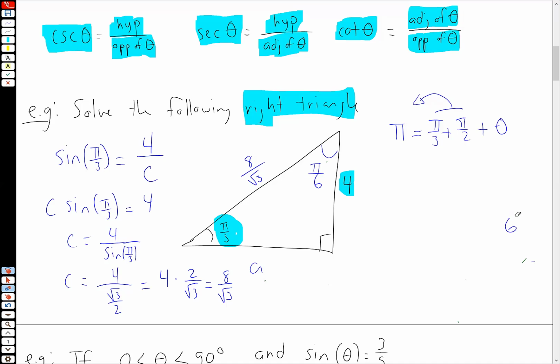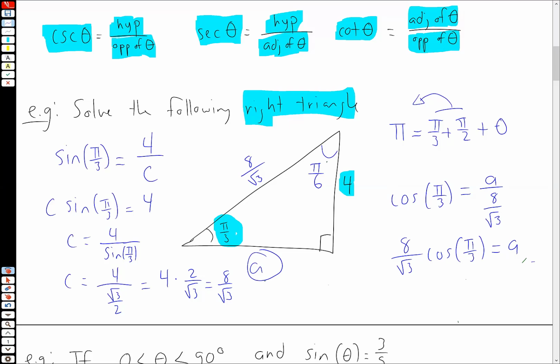So cosine of pi over 3 is equal to the adjacent of pi over 3, so A in this case, over the hypotenuse, 8 over the square root of 3. Cross multiply: 8 over the square root of 3 times cosine of pi over 3 is A. Now, what is cosine of pi over 3? Cosine of pi over 3 is 1/2.